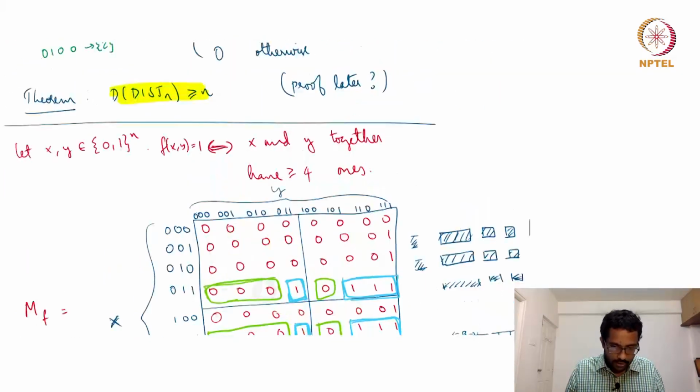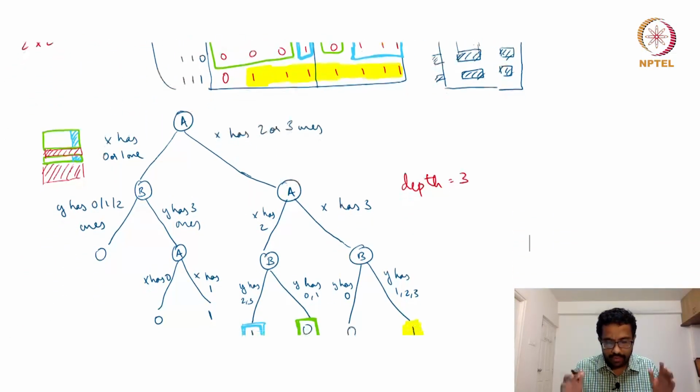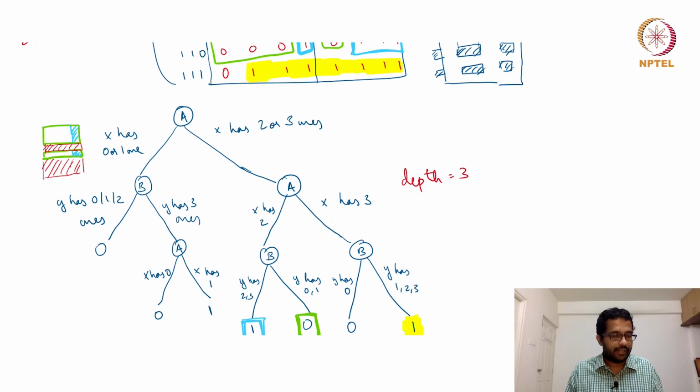So that's all that we saw in this lecture. We saw the main thing being the definition of combinatorial rectangle. And with that, I think I will conclude this lecture. And in the next lecture, we will see maybe a few more techniques for lower bounding the communication complexity. After which, in subsequent lectures, we will see one application on circuit lower bounds. Thank you.